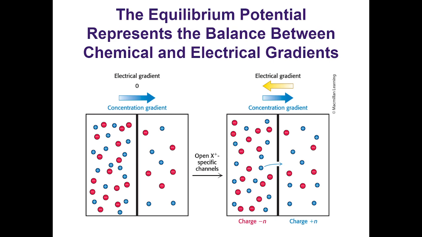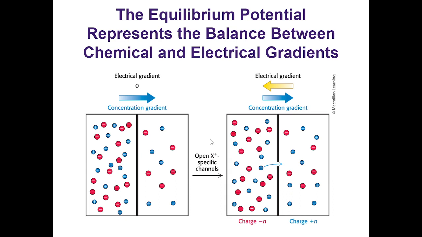Okay, now this right here is your electrical gradient, and we have here a concentration gradient. So the electrical gradient in this case is 0. The concentration gradient is the one we have pushing across. So what's going to start happening at this point? We're going to have some different channels open.